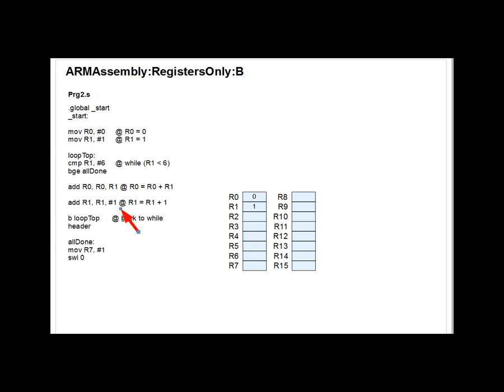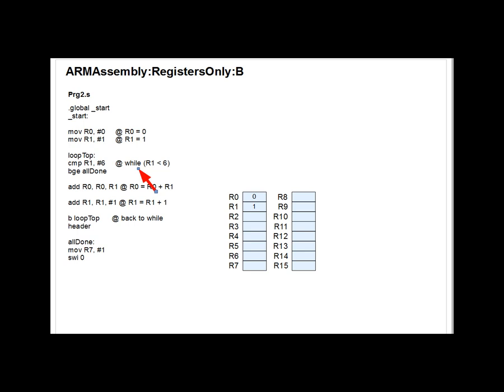Now, the most interesting new feature of prog2.s is actually the loop. In order to add the values 1 through 5 into R0, the program must repeat lines 11 through 12 over and over, adding increasingly higher values of R1 into R0 until R1 exceeds 5. Assembly language includes no while, for, or other loop keywords.